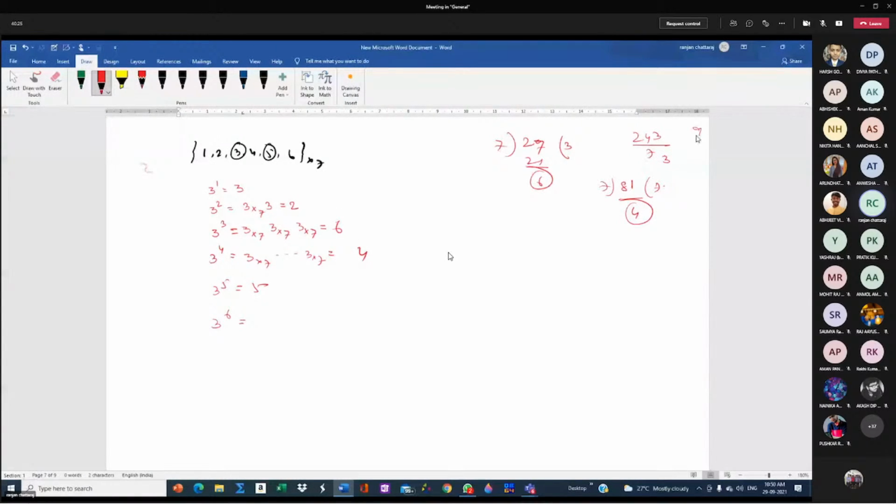So what do you see? 1 can be expressed in terms of these powers, 2 in terms of these, 3 too.